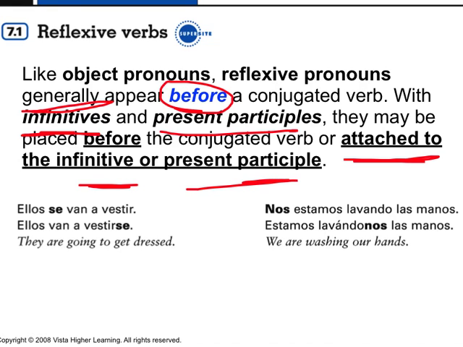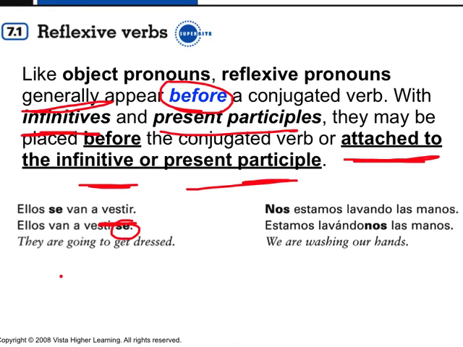Look at these examples. You can say, ellos se van a vestir, which means they're going to get dressed. But you can also say, ellos van a vestirse, because you're using the infinitive here. You can attach the se. It's the same thing. It has the same meaning. They are going to get dressed.